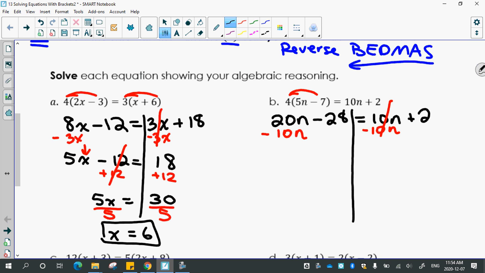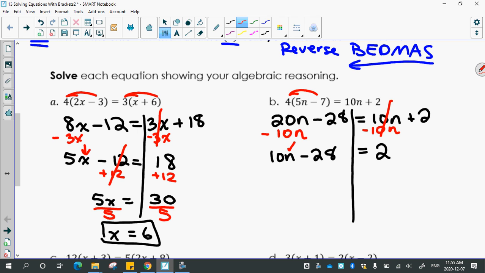And then I can actually do the subtracting on this side. So 20n take away 10n is 10n. And on this side, because of the 0 pair, I just have 2 left. So now I've got the variable n just in one spot.